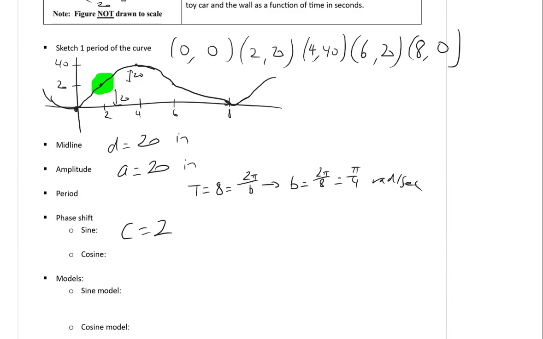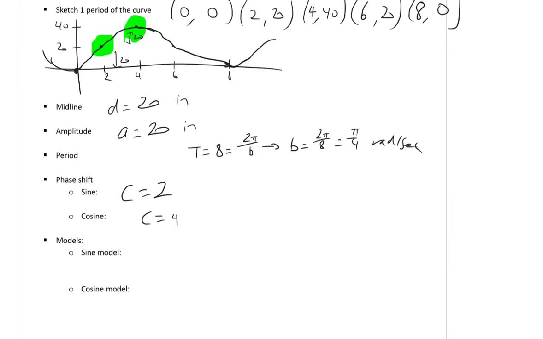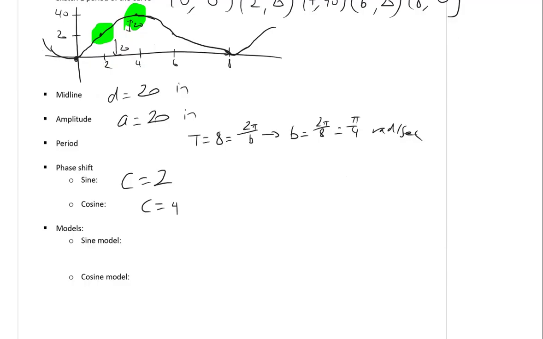So c equals 2. What about cosine? Cosine starts at the max. So that would be this point over here. How much do we need to delay it by? By 4. Keep things simple. Don't bother with reflection.